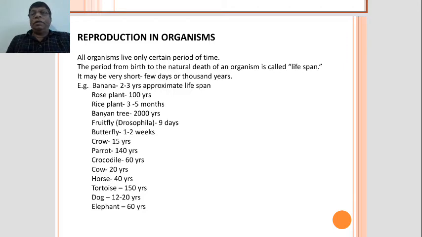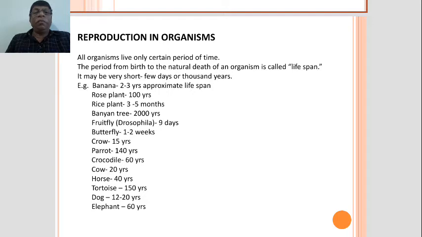Now, each and every organism lives only for a certain period of time. The period from birth to the natural death of an organism is called lifespan.